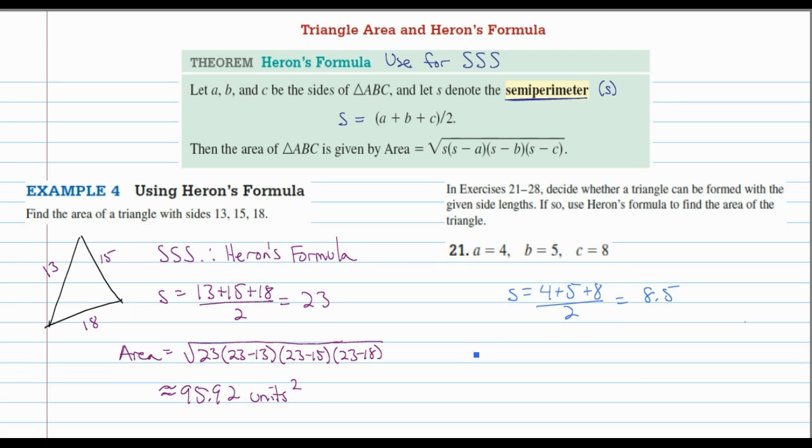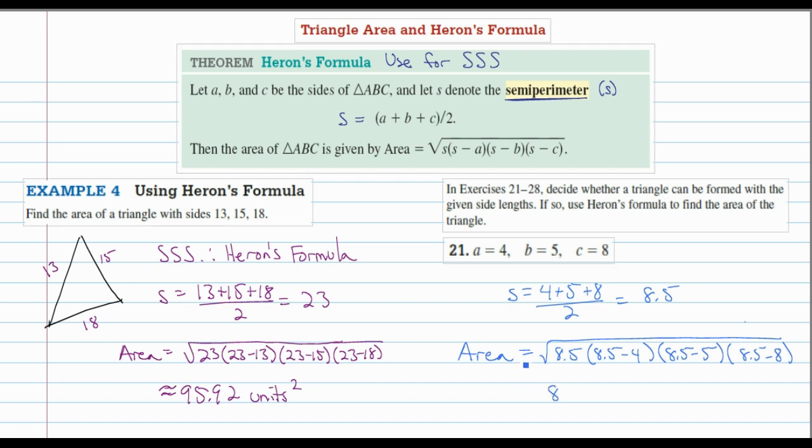Which tells me then that the area of this triangle is going to be the square root of, going to put my S value out in front, 8.5, and then take the product of the difference of the S value and each of the sides. So 8.5 minus 4 times 8.5 minus 5 times 8.5 minus 8. And my calculator tells me that that's about 8.18 square units.